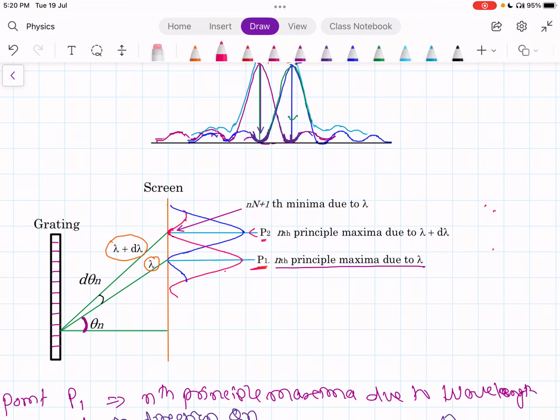This is the nth principal maxima at point P1, and at point P2, we get the minima due to wavelength lambda. This is the minima of the diffraction spectra due to wavelength lambda. The red one is the diffraction spectra due to wavelength lambda.